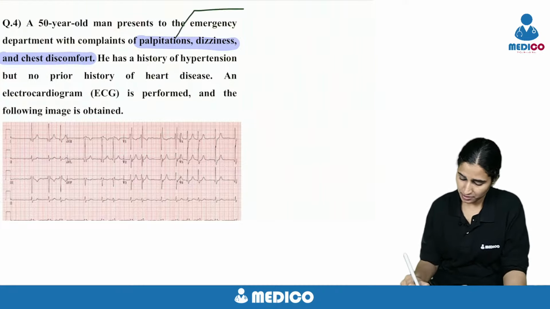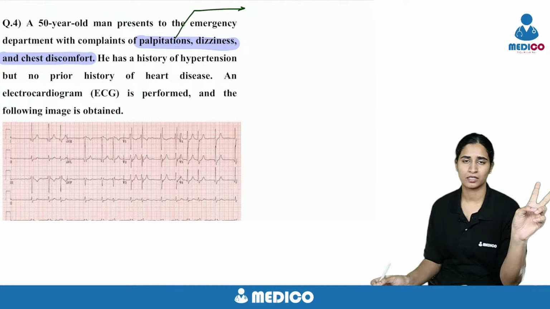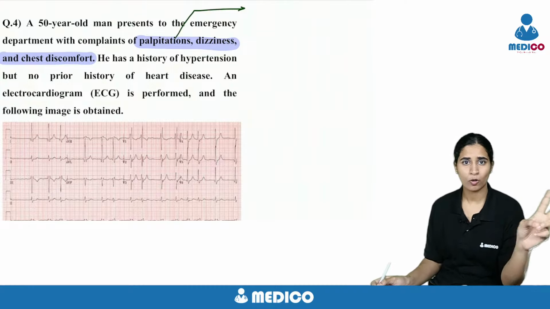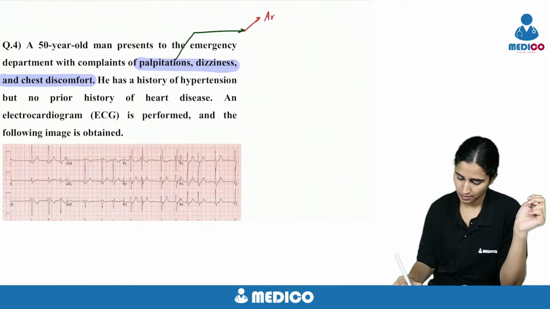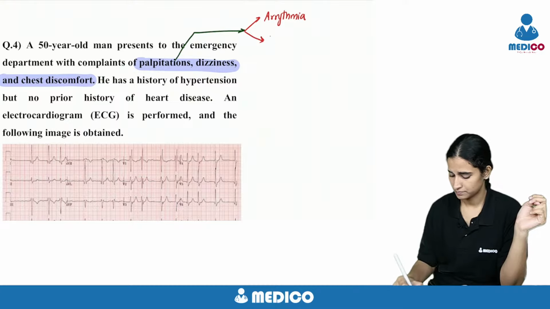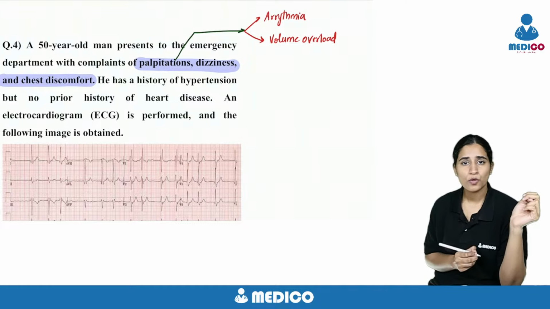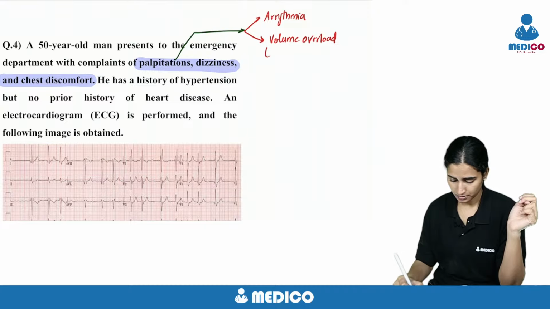So palpitations mean two things are happening. Either it's an arrhythmia or it's a volume overload. Volume overload you will be seeing in regurgitation murmurs.